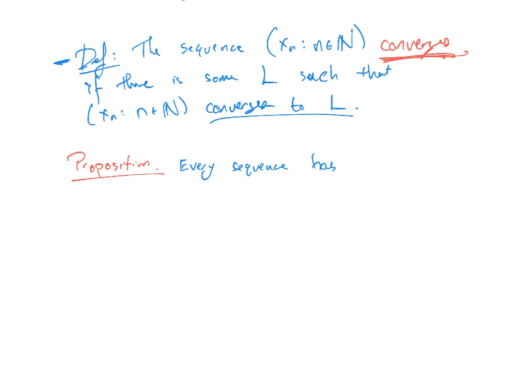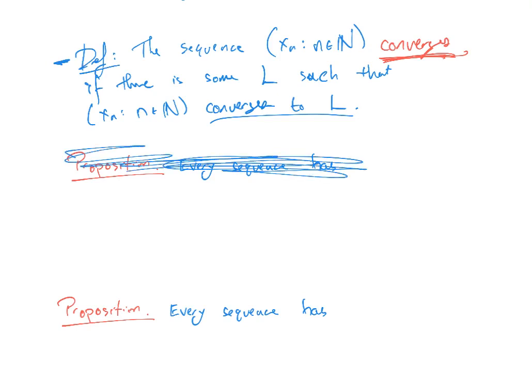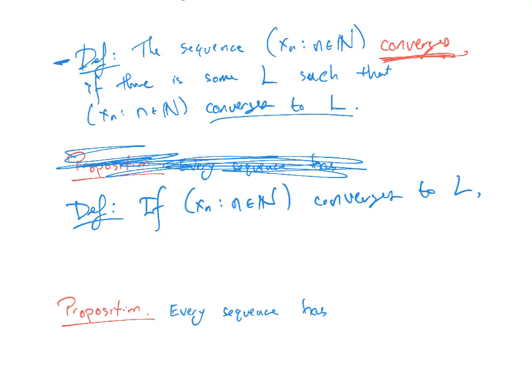And I just realized I want another definition. So we'll make some more room. I can't erase it. I'm just going to cross it out. Okay, here's your other definition. If our sequence converges to L, then L is the limit of our sequence.